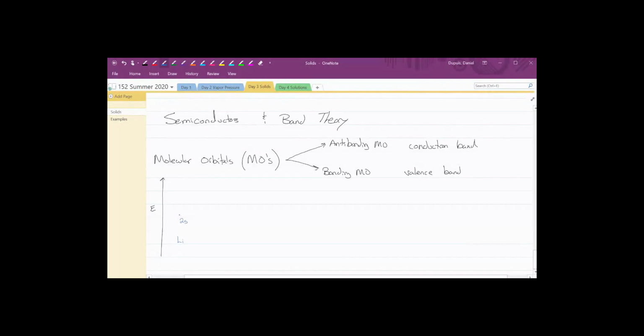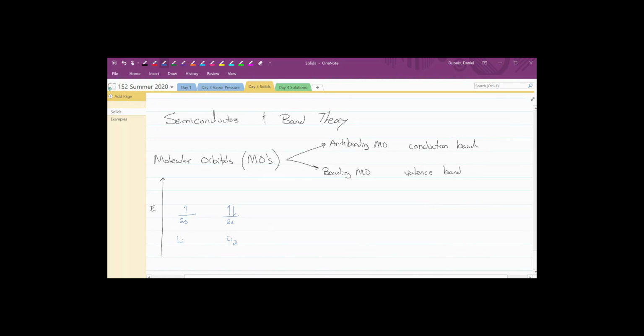All right, let's try to draw it. If I have lithium here, Li, I get 2s. There's a 2s orbital with 1 electron. Li2, I get 2s with up, down.